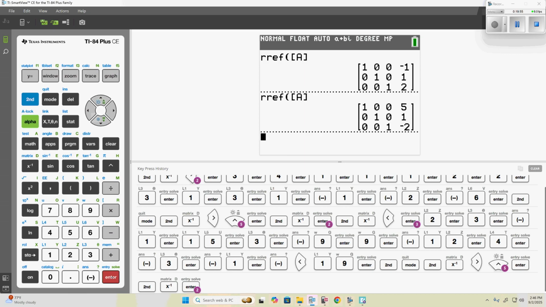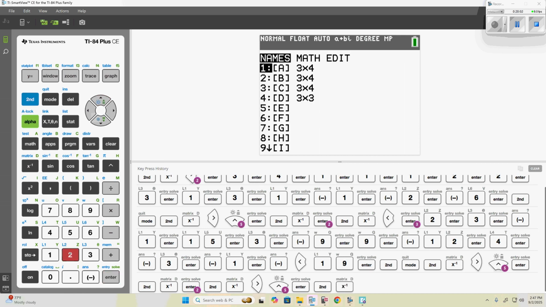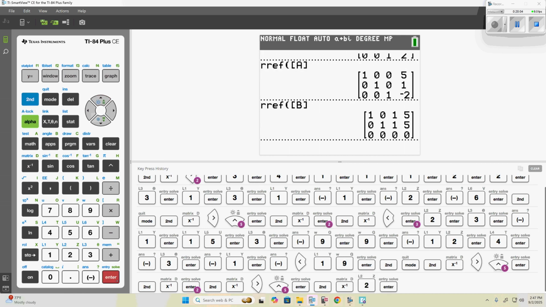Now, I have some pre-programmed in, second matrix B. If we look at this matrix C here, we notice that the bottom row is all zeros, yes? So that's telling us 0 equals 0, so there are infinitely many solutions. If the bottom row of a matrix C, after we put it into reduced row echelon form, is all zeros, it means there's infinitely many solutions.